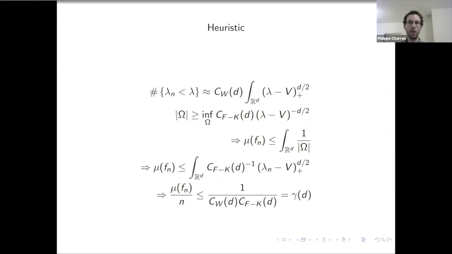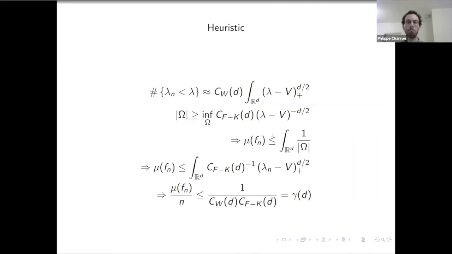Now, when you look at Faber-Cahn, the Rayleigh quotient gives you something like this. When you looked at manifolds with the Laplacian, you had a constant times lambda to the minus d over 2. Now in here, you're going to have lambda minus v, and then you're looking at the infimum over the whole nodal domain to the minus d over 2.